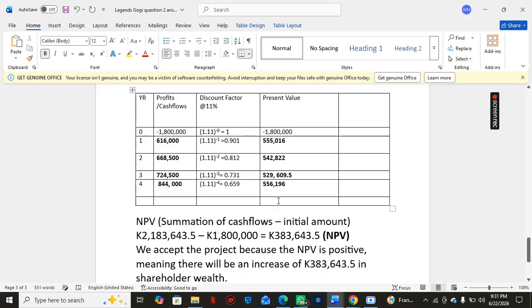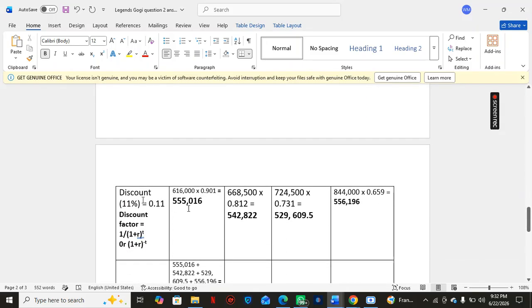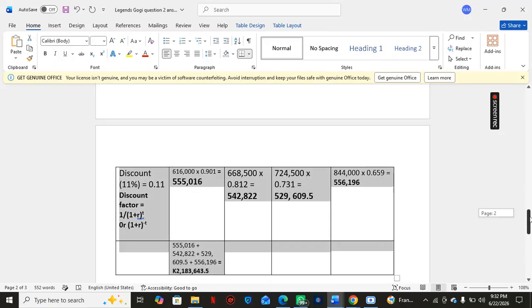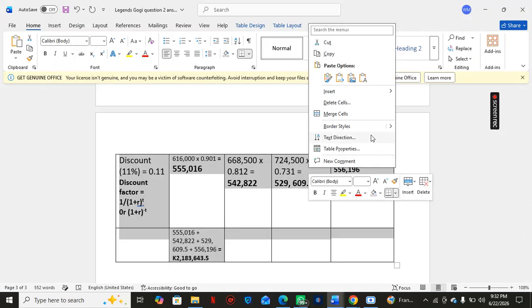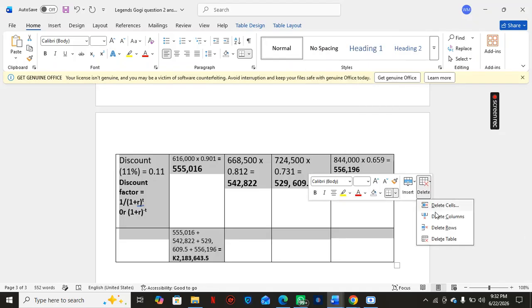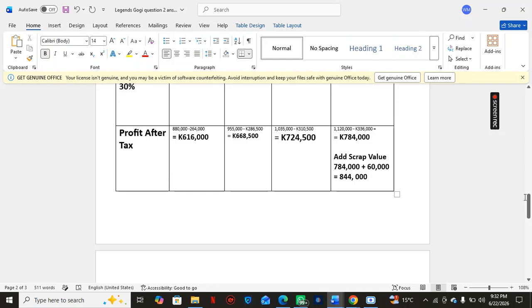So you got a positive net present value of 383,643.5. When the net present value is positive, it means you accept the project, because in simple terms, what it's telling you is that the present value of what you've made is greater than what you spent.